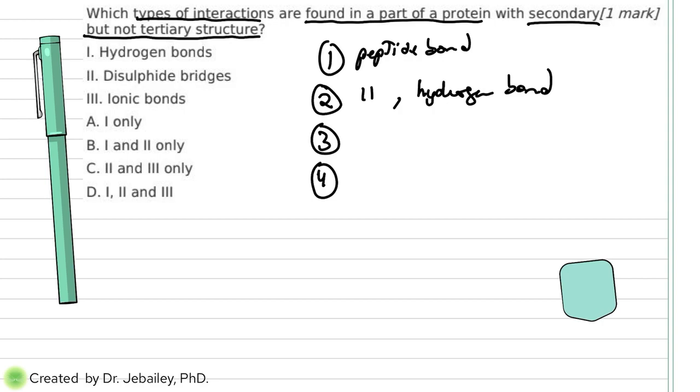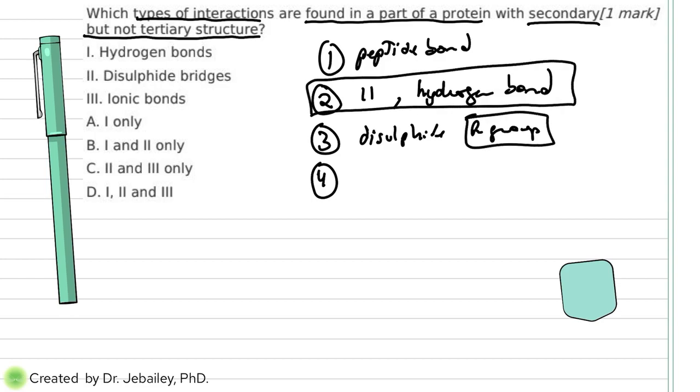Now, when you get to tertiary, usually you will have something like the disulfide bond, because this is coming from the R groups, right? The R groups have sulfur, but in the secondary, there is no sulfur in the amino acid itself. What I mean by itself is not including the R. So it definitely has to be only this.